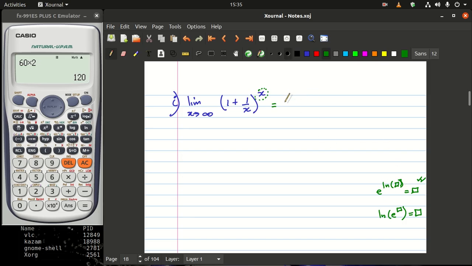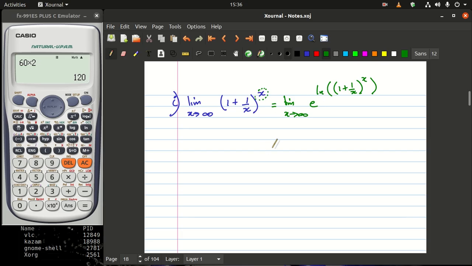So we end up having this is the same as the limit as x approaches infinity of e raised to ln of whatever is there here, which is 1 plus 1 over x, all raised to x. So that is what is important here, because this e and ln cancel out and we're left with that thing.